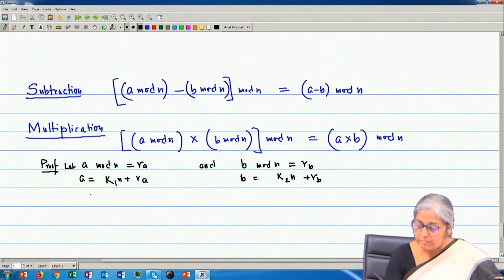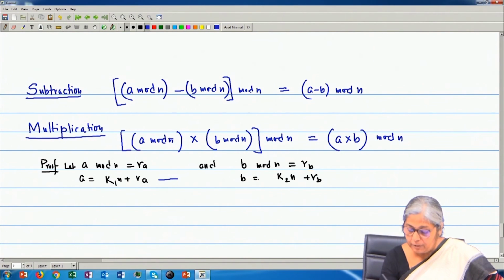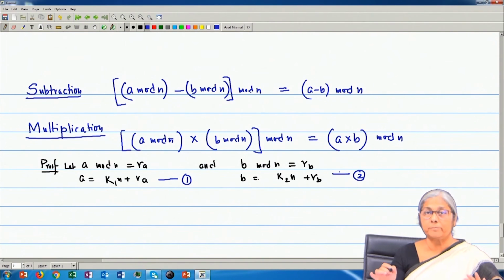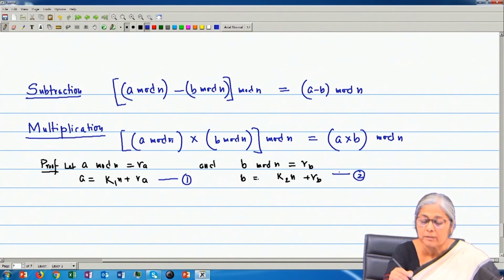Now, what is a b? When we proved the addition property, we took the sum of equations 1 and 2. Now we have to multiply.